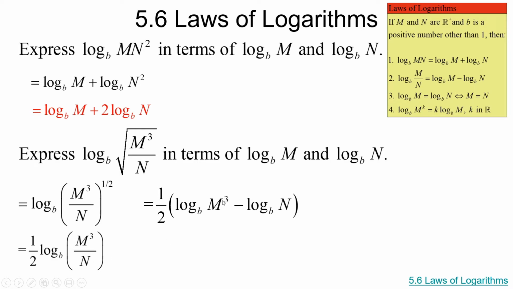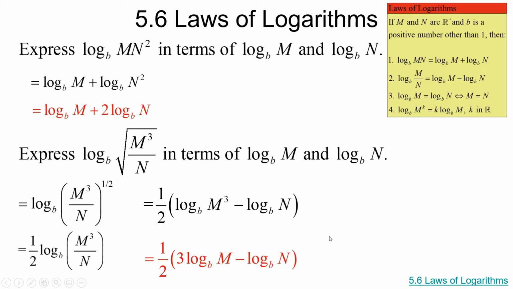And now that 3 can come out front. So we have 1/2 and we have the log base b of m, but see that exponent of 3, let's bring it out as a coefficient of 3. 3 times the log base b of m minus the log base b of n.